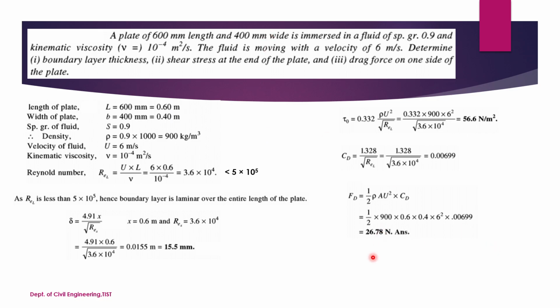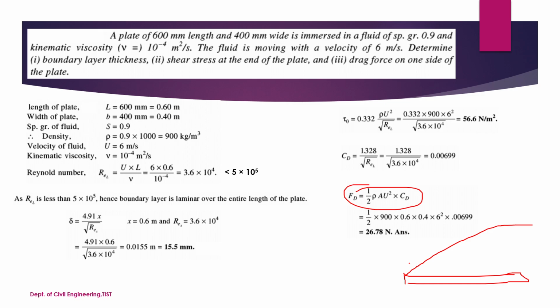One point that I need to tell right now is that this equation is applied when the boundary layer is starting from the leading edge, or we can apply this formula when the thickness of the boundary layer is equal to 0 at the start point.